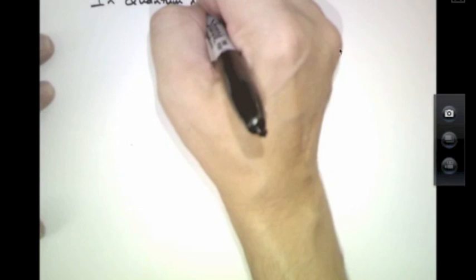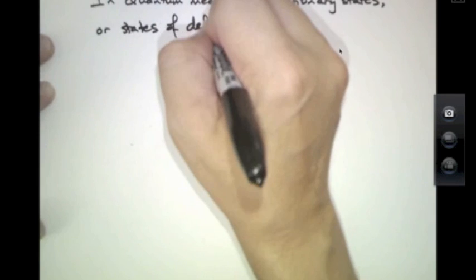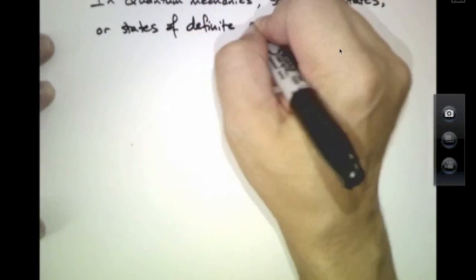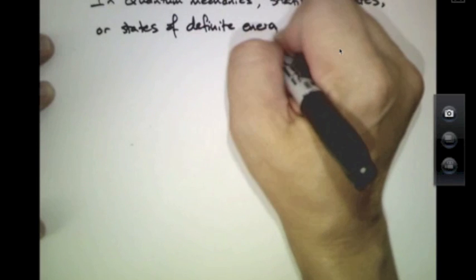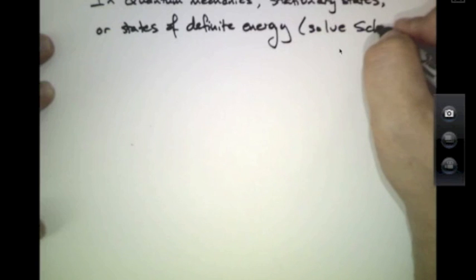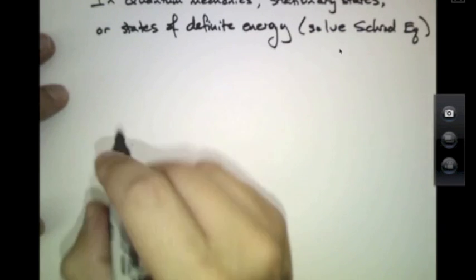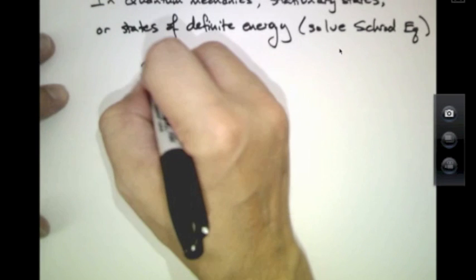In quantum mechanics, stationary states, or states of definite energy, in other words, states that solve the Schrödinger equation, will have a definite form as well.